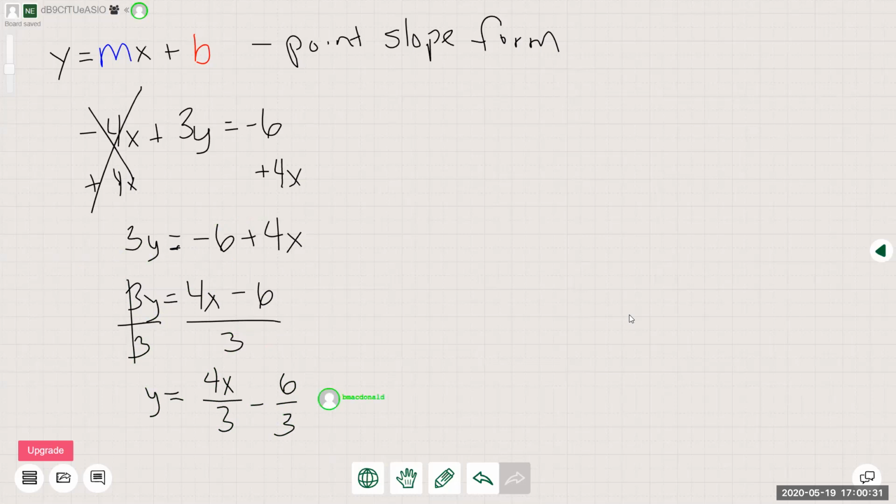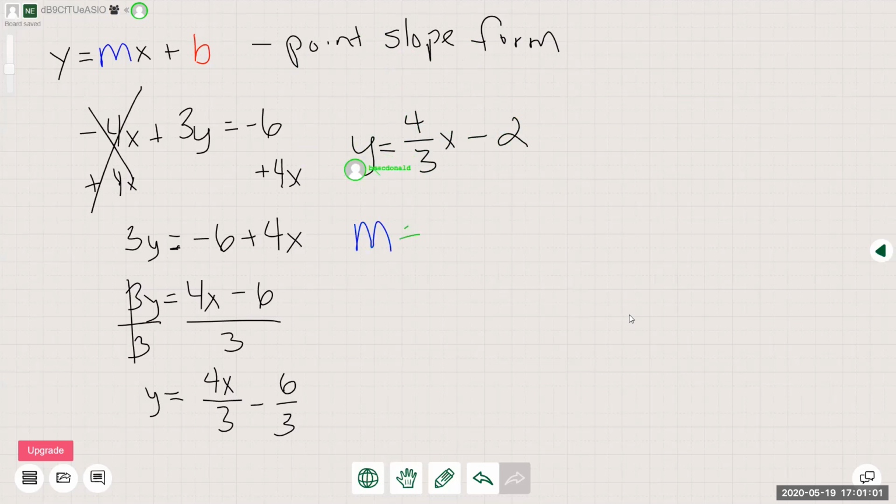We're going to go ahead and put our 4 thirds x minus, because it's going to stay negative, 6 divided by 3, which is 2. So now we can identify our slope and our y-intercept.